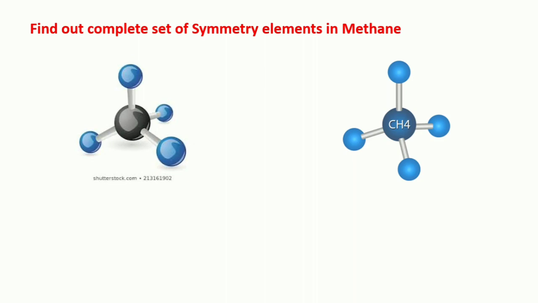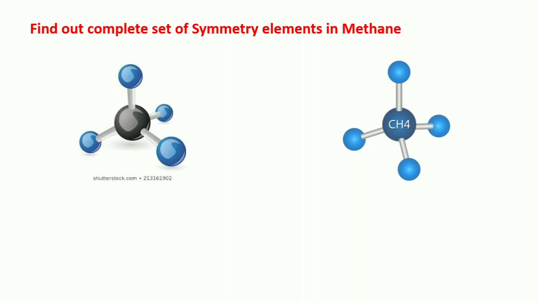If your answer is no, then I must say you may be wrong, because this is not as easy a molecule as it looks. There are many symmetry operations possessed by the methane molecule.